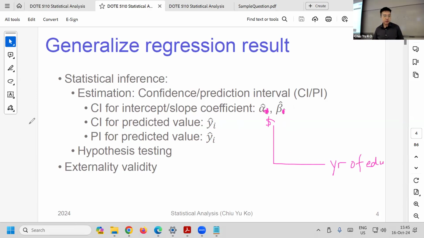If you look at the data, usually it will look like this kind of style. This is primary school, this is secondary school, this is college, and this is master. If you try to plot it, something like this would happen.